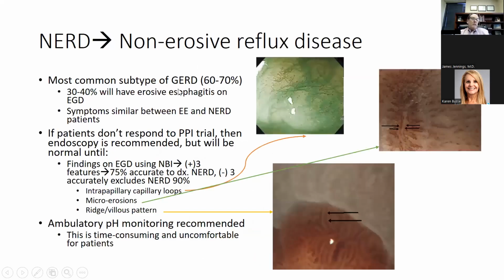So reflux disease is extremely common, and more commonly we do an EGD and we don't see any visible esophagitis on regular white light endoscopy. About 1/3 of patients will have the Los Angeles class associated esophagitis.